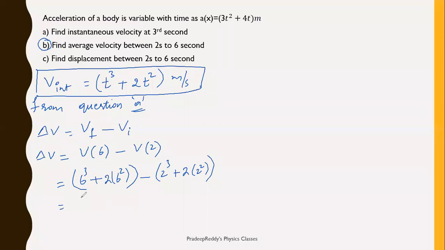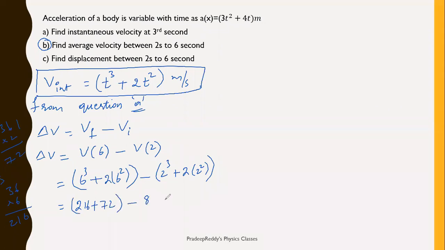6 cube: 6 square is 36, into 6, 6 6s are 36, 6 3s are 18, plus 3 is 21, so 216. Plus 6 square is 36, 36 into 2 is 72.